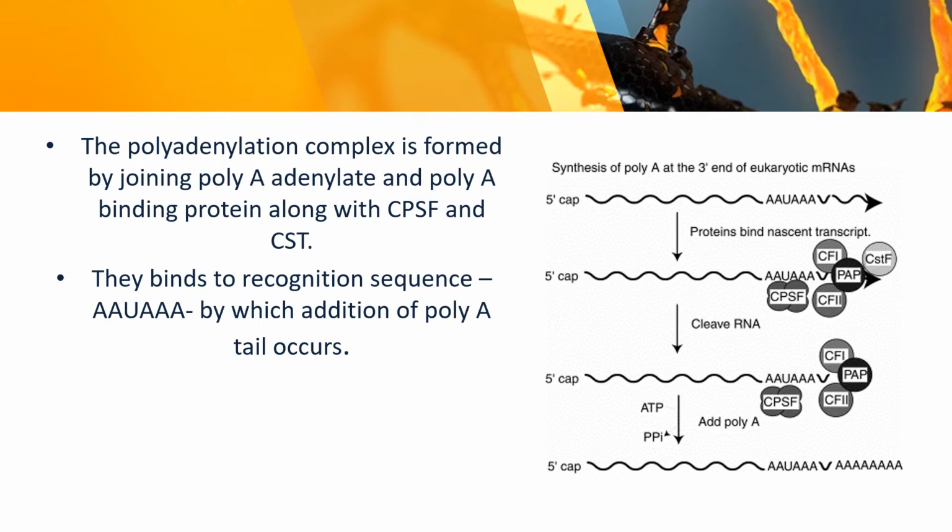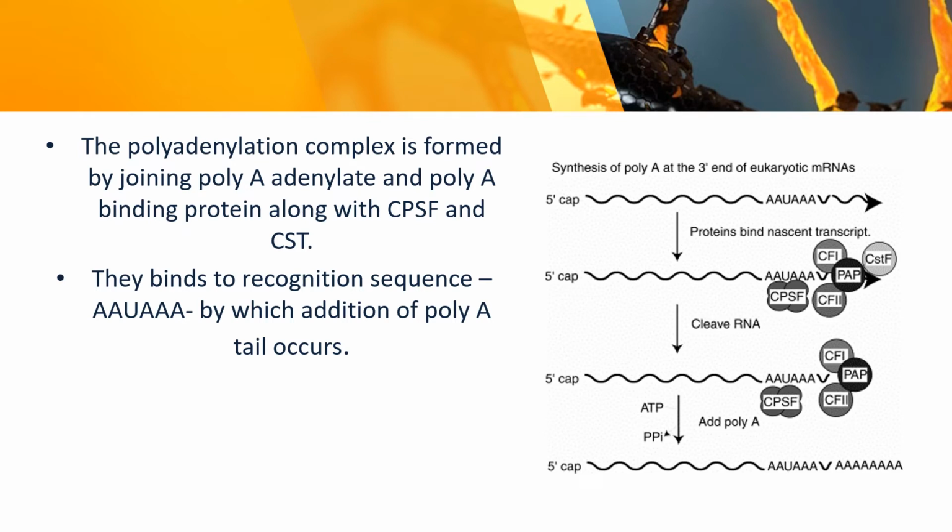The next step is the addition of the poly-A tail. This addition occurs on the RNA which was formed from the DNA, with the help of the poly-A polymerase enzyme. By this enzyme the poly-A addition happens, and the continuous poly-A addition is also helped by another protein, PAB2, that is poly-A binding protein 2.